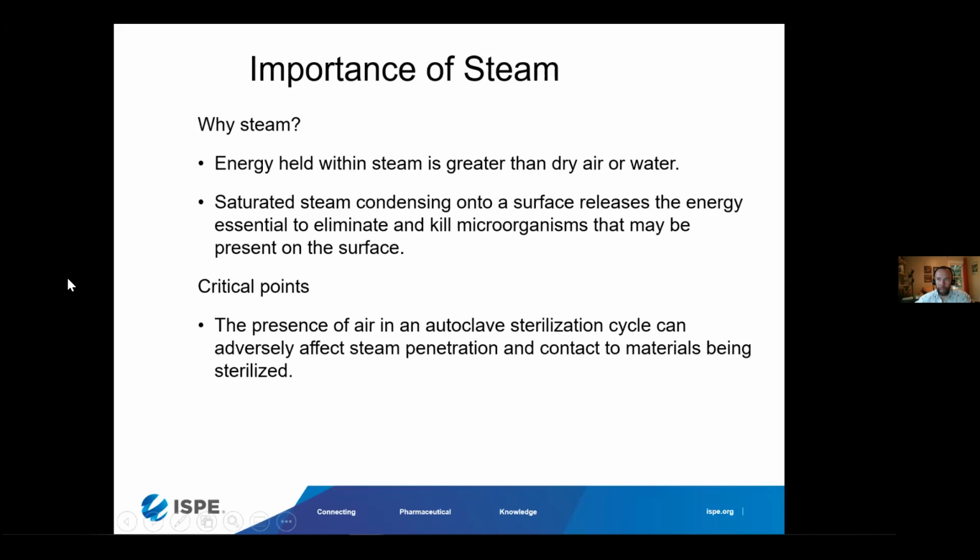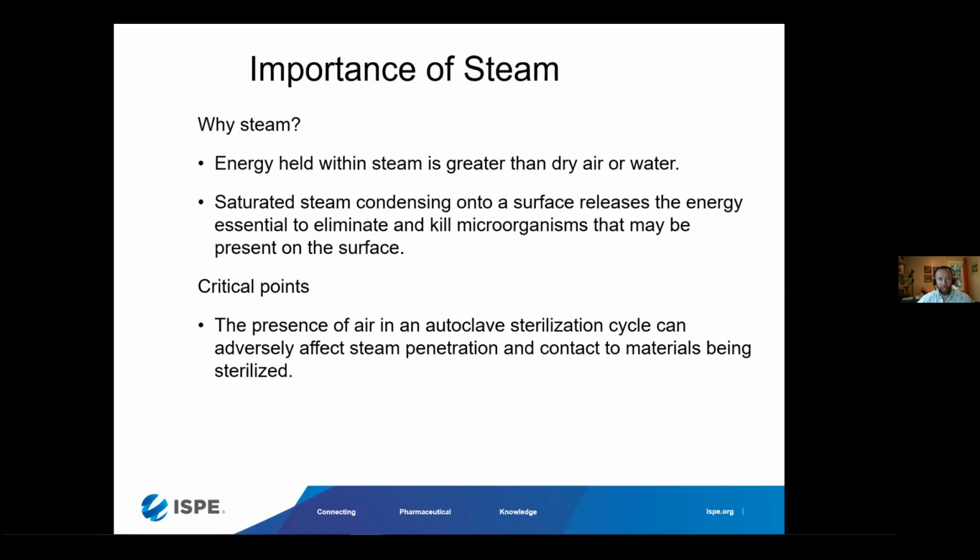So having said that, it's important that when we're running an autoclave sterilization that we do not have air present in the chamber. The air can act as an insulator and protect any possible microorganisms from being killed by the steam. So in an autoclave cycle, often there's a robust air removal phase, which is called a pre-vacuum phase in a lot of autoclaves.